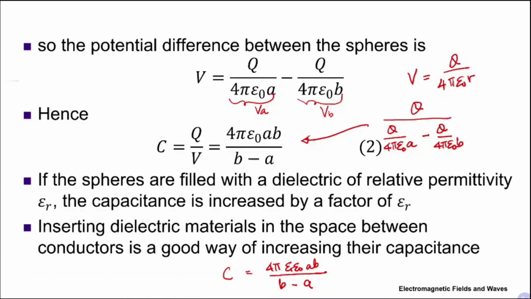Okay, so that is how you can increase capacitance: put a dielectric material in the space between the two conductors, and that will increase the capacitance by a factor of epsilon R.